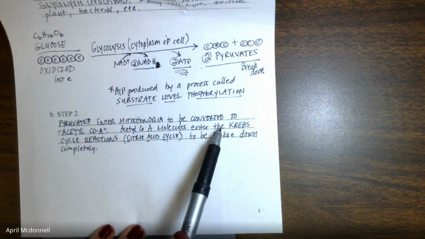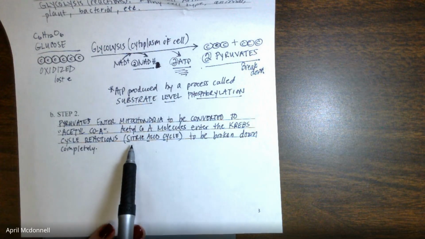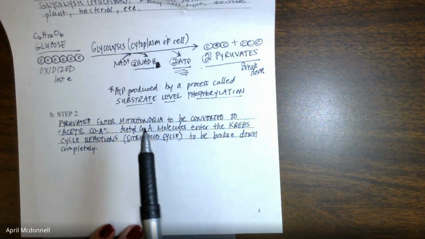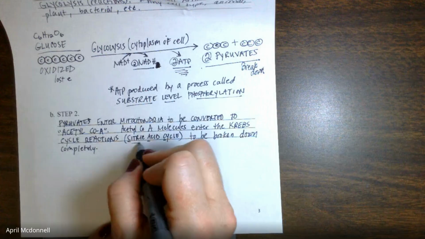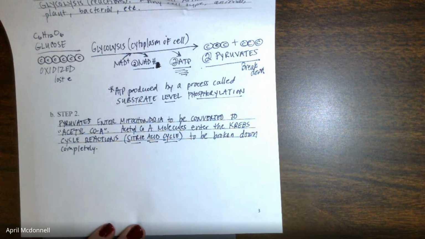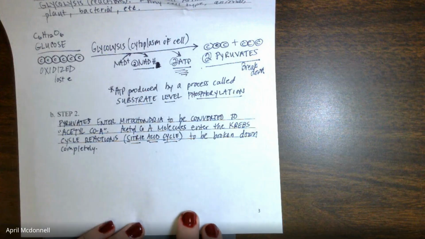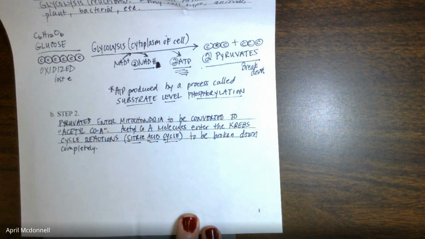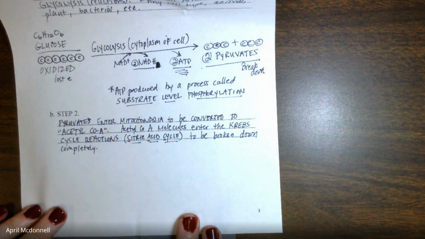Acetyl-CoA molecules will enter into a cycle of reactions called the Krebs cycle, which is also called the citric acid cycle reactions, to be broken down completely. The goal is to break this glucose molecule down as much as we can to get all the energy from the original glucose molecule.